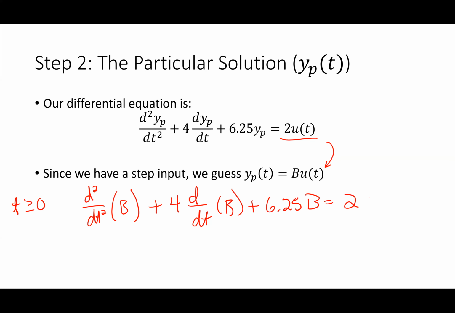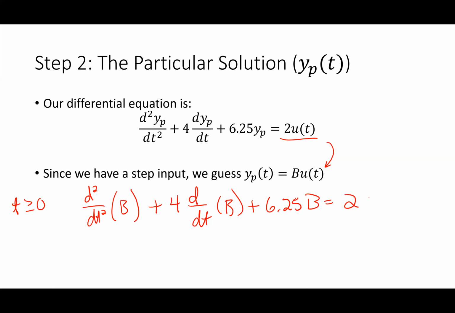All right, so let's take that. I got a derivative of a constant. What's the derivative of a constant? 0. What's the second derivative of a constant? 0. All right, what do I get? I get 6.25 times b equals 2. The reason I call this undetermined coefficients is I don't know what this value is, but I determine it.